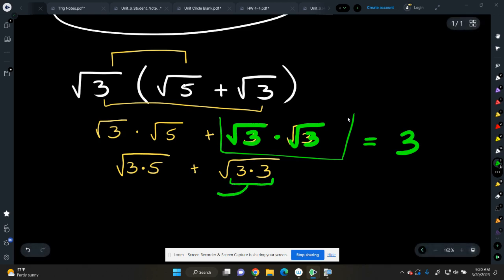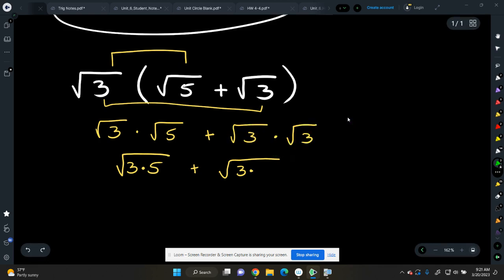What happens? We take the pair out, but then there's nothing left inside. So the shortcut, I don't usually go through this process. As soon as I see that I have a radical times itself, I'm just like, oh, square root of 3 times the square root of 3, well, that has to be 3.